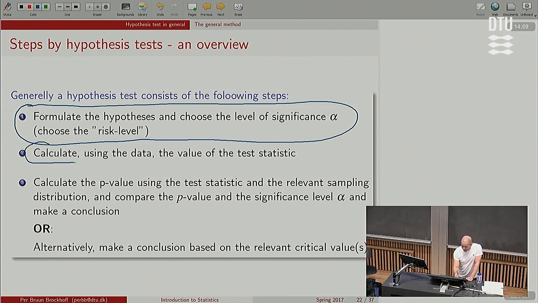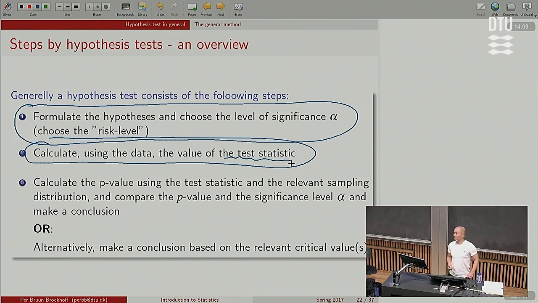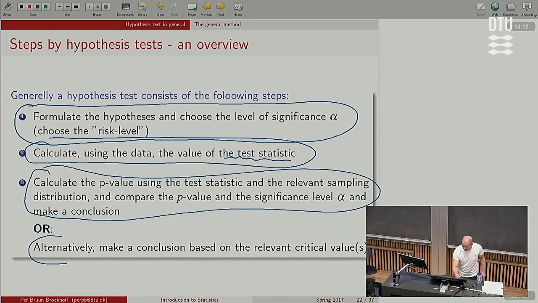We calculate, using the data, the value of some test statistic, very generically spoken. The test statistic is measuring the difference between data and hypothesis. Then we have two ways to finish the business. We have the p-value way, or we have the critical value way.